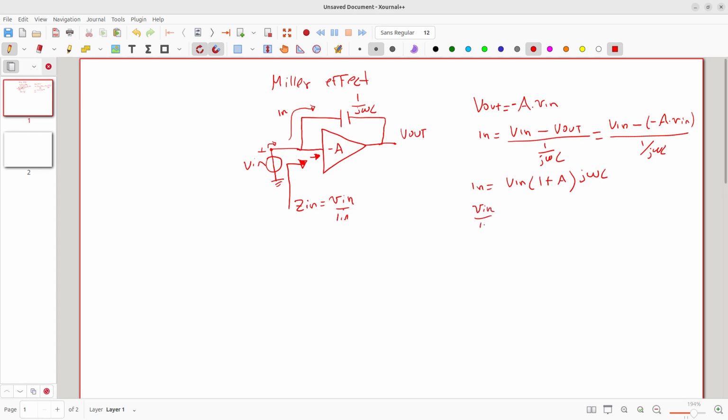So V in divided by I in will be equal to 1 over 1 plus A multiplied by j omega C. Now this is a very important result because at the beginning we had only one capacitor C here, but when I put it in the middle of an amplifier between the input and the output, it looks like this capacitor is actually C times 1 plus A. So it has been amplified, this capacitance, when I see it from this direction.